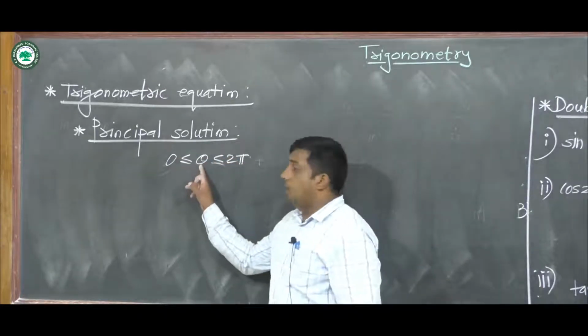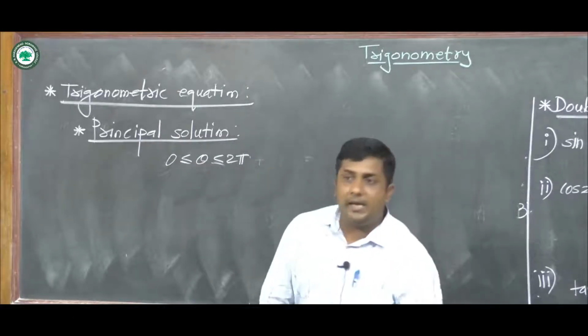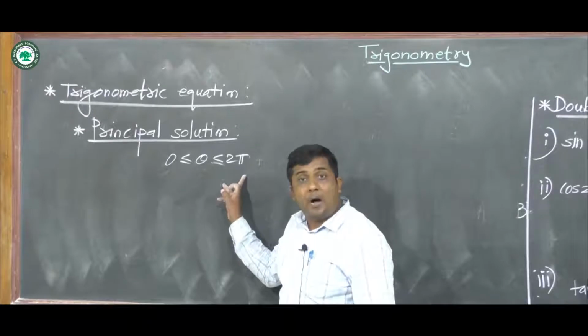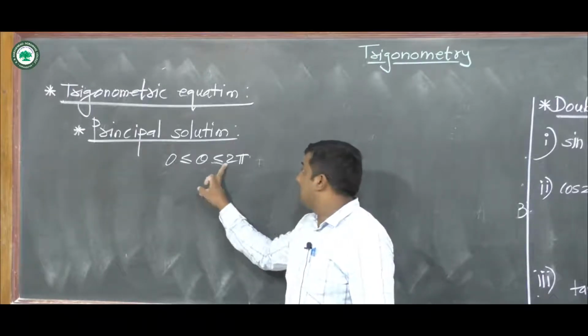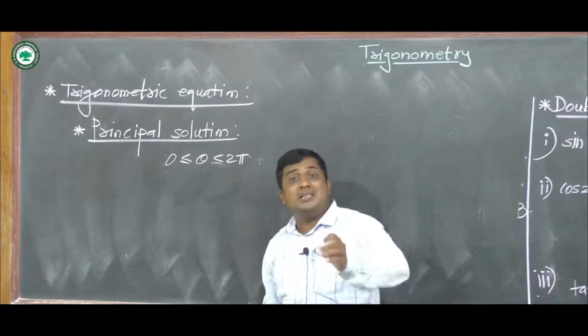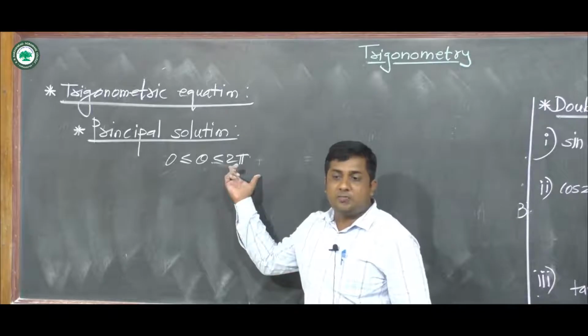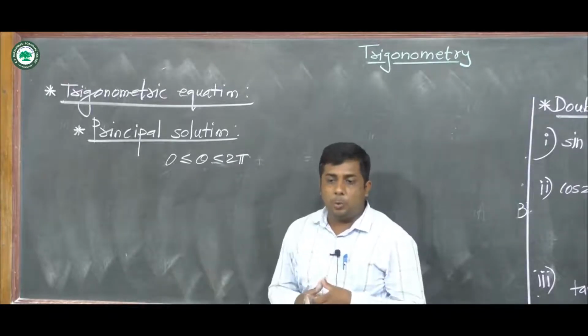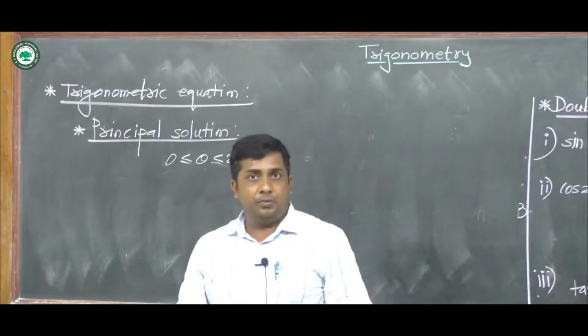If our angle is theta, then this theta lies between 0 and 2 pi, that is, 0 is less than or equal to theta is less than 2 pi, and this is for the principal solution. So remember this definition.